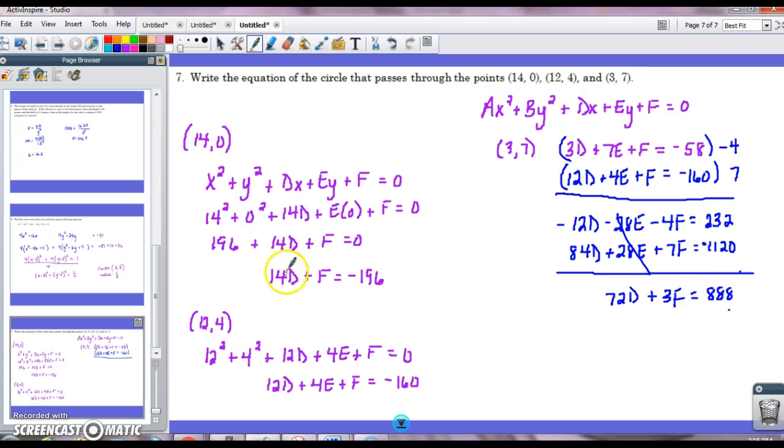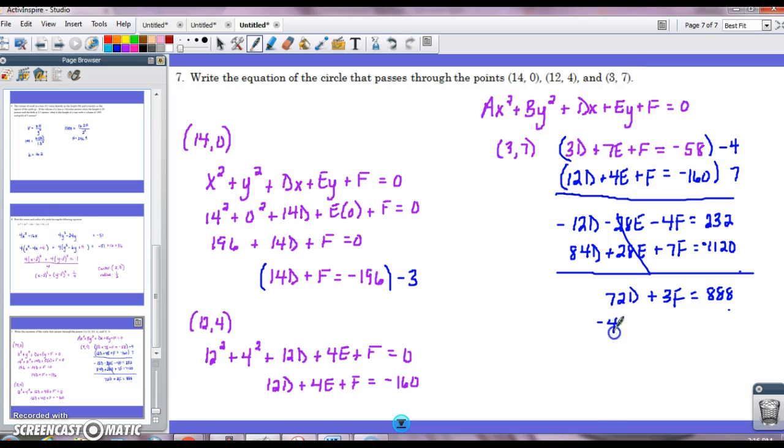And now I can take this equation, 14d plus f, and to save some time, all I'm going to do is multiply this equation by negative 3 so I can eliminate the f.